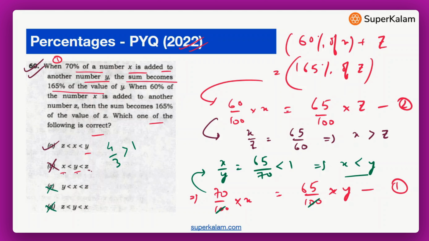And if the numerator is smaller than the denominator, then we will get the answer as less than 1. So the first statement told us x is less than y and the second statement told us x is greater than z. The A option was the only option which clearly provided us this relationship.